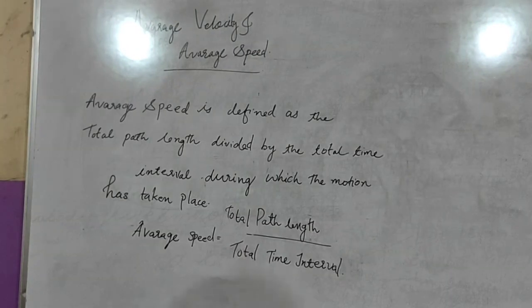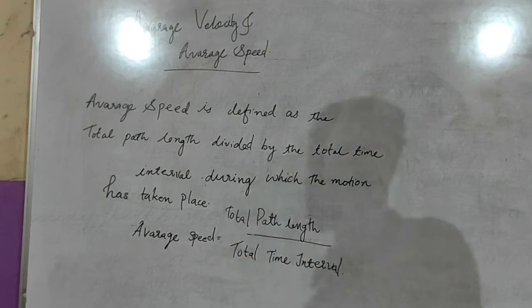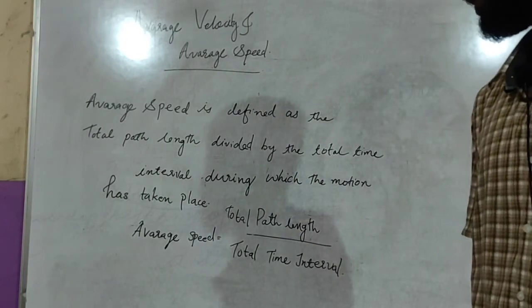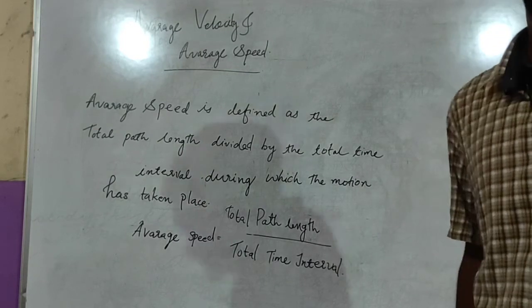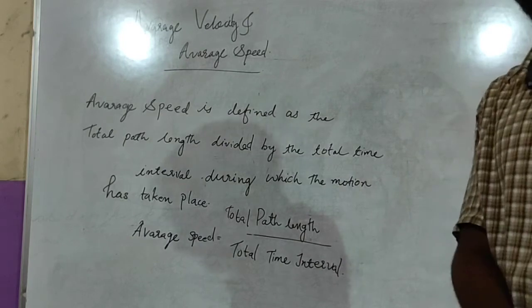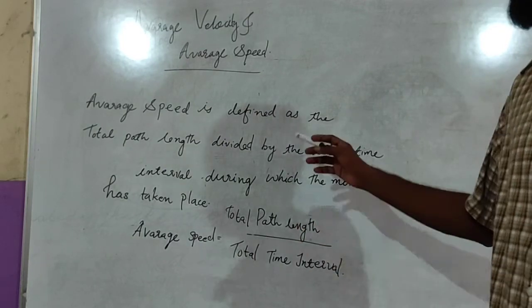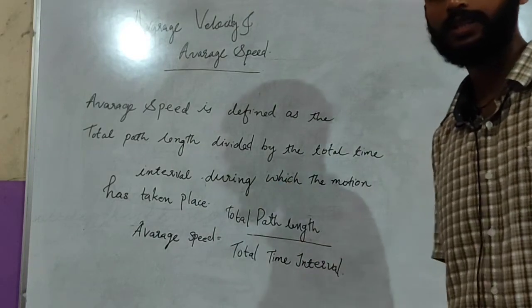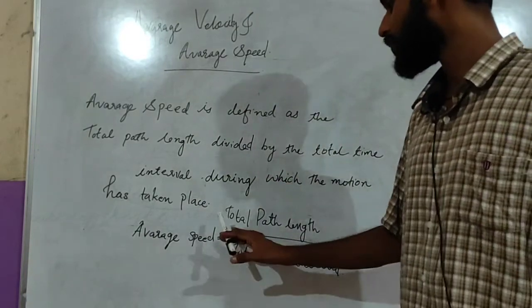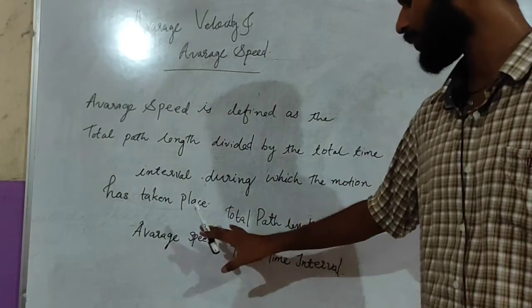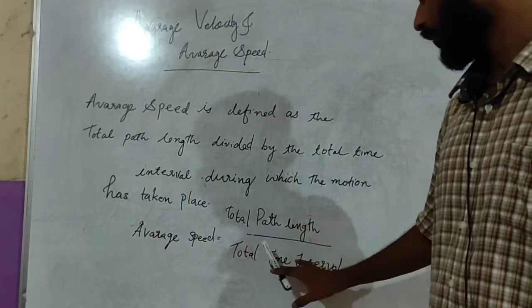Average speed is defined as the total path length divided by the total time interval during which the motion has taken place. That is the definition of average speed. In the case of average velocity, it was the displacement divided by the time interval taken for that displacement. But here we are considering the total path length and the total time interval.